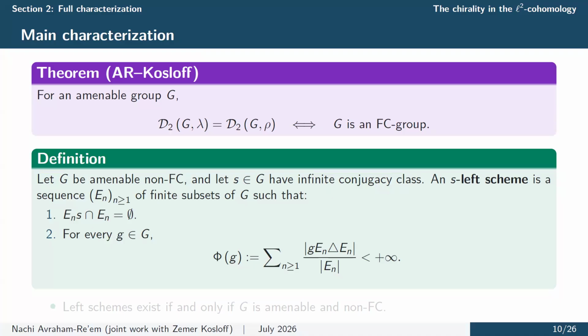So this is just terminology, a definition. And now the main observation is that a left scheme, this sequence of sets En, exists if and only if G is an amenable non-FC group. I will just mention without defining exactly that the second property is a reformulation of the Følner condition for amenability.